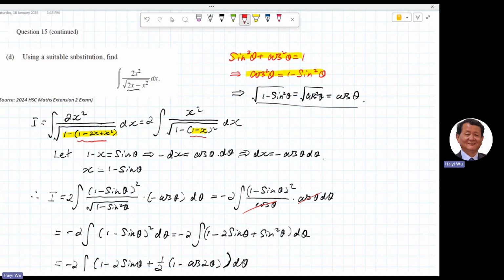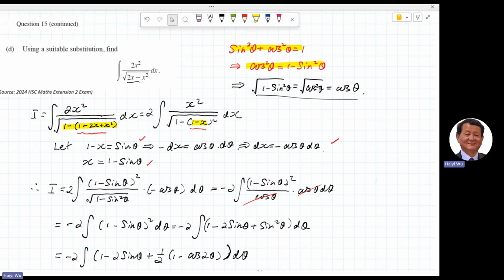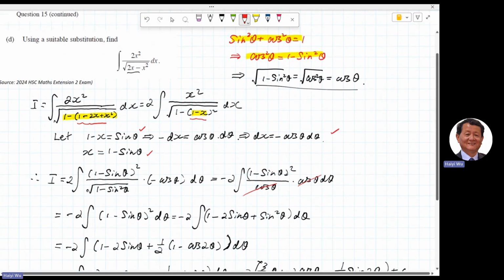So I'm going to let 1 minus x equal to sine theta. So x becomes 1 minus sine theta. Then I differentiate that, so it becomes negative cosine theta. When we substitute it into the equation, obviously the 2 I'll move out.